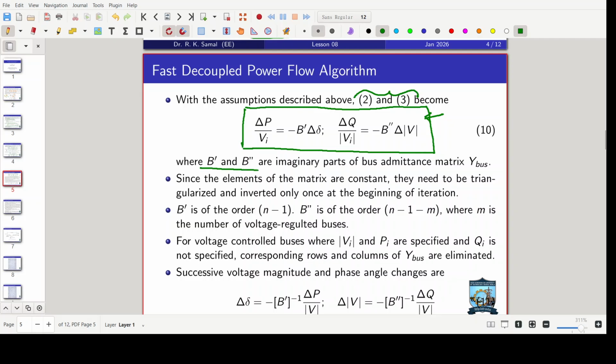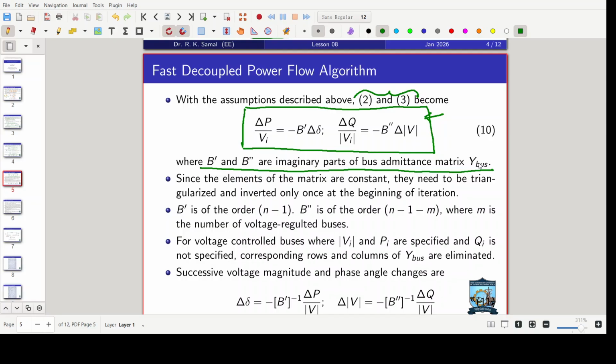Here B dash and B double dash are imaginary parts of the bus admittance matrix. Since the elements of the matrix are constant, they need to be triangularized and inverted only once at the beginning of the iteration, so only once. B dash is of the order of n minus 1, B double dash is of the order of n minus 1 minus m, where m is the number of voltage regulated buses.